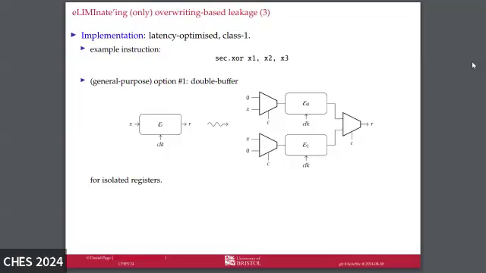One is an isolated register of some sort, and we deal with that using a gadget that looks somewhat like the diagram here. So we start off on the left-hand side with a single register. We duplicate this register and make sure that in any particular clock cycle, we're zeroing one of those and writing into the other one, and then we flip back the other way around in the next clock cycle. So then you're overwriting the 0 that you wrote in the previous clock cycle.